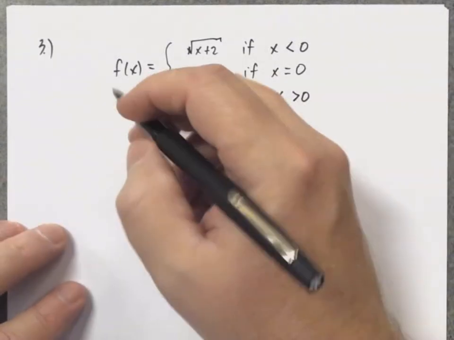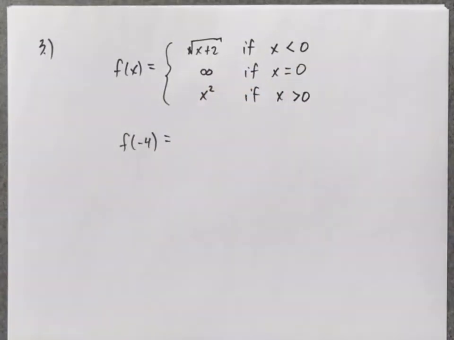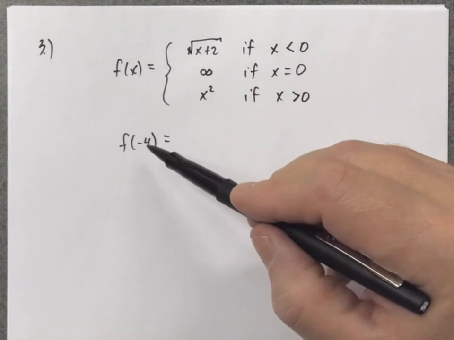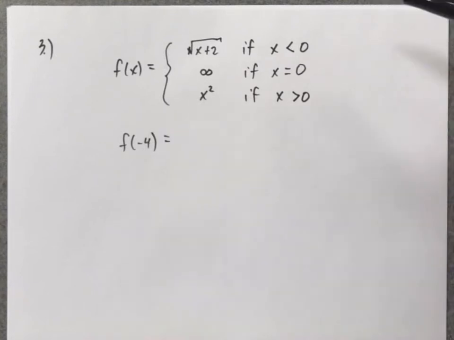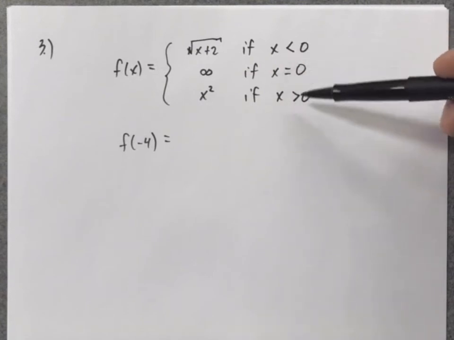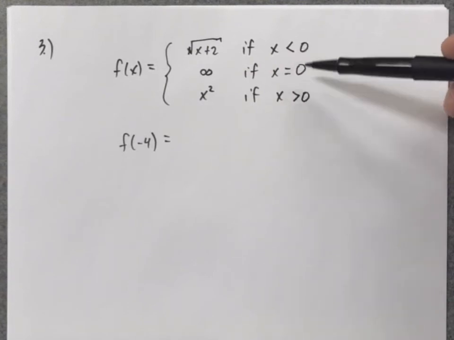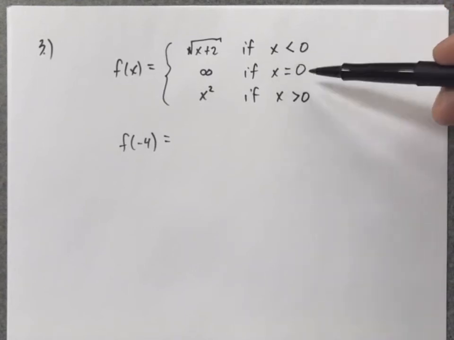So now, for this piecewise function, we want to calculate f of negative 4. So with a piecewise function, the first step is to look at your value of x. So I want to set x equal to negative 4, and I have to figure out which function I'm going to use. Which function is the correct one when x is negative 4?